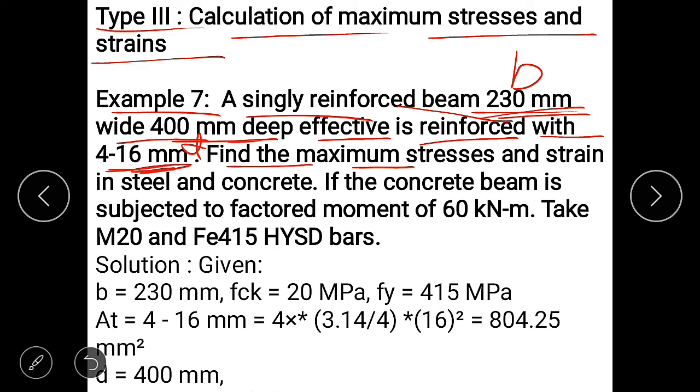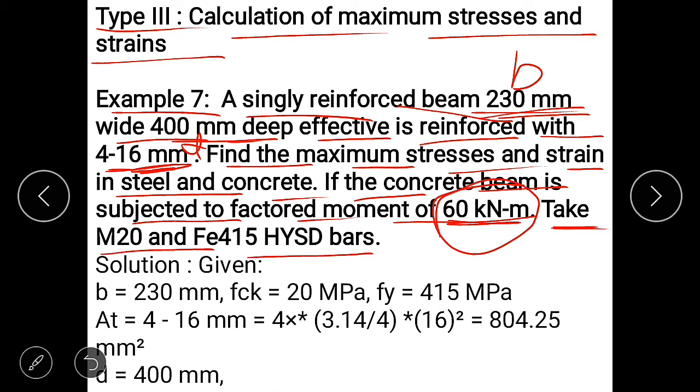Find the maximum stresses and strain in steel and concrete, both. The beam is subjected to a factored moment of 60 kilonewton meter. Take M20 and Fe415 HYSD bars.